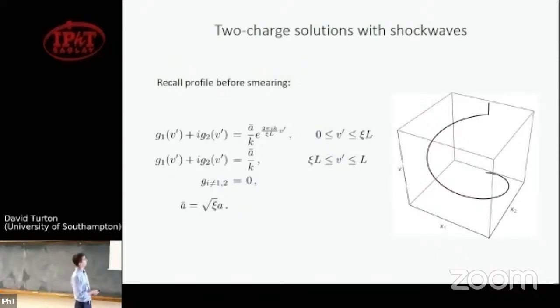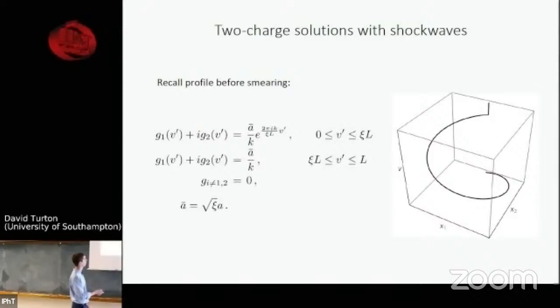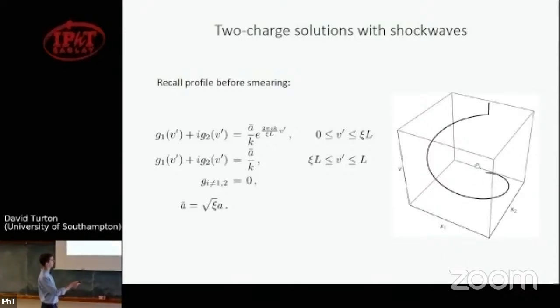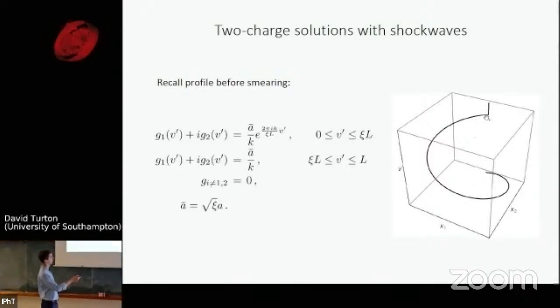So recall I had this profile before the smearing for the 2-charge solution with shockwave. We have a dictionary for the holographic CFT duals of such configurations, at least those for which the profile was physical, so without this straight line segment, we know what to write down.